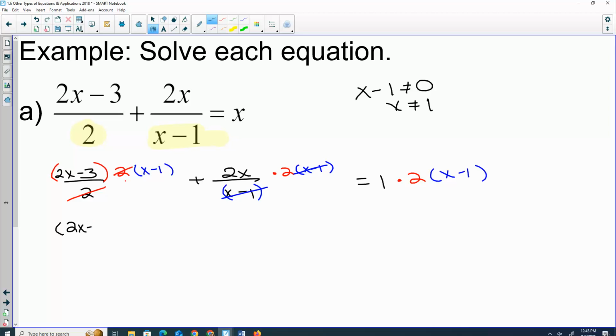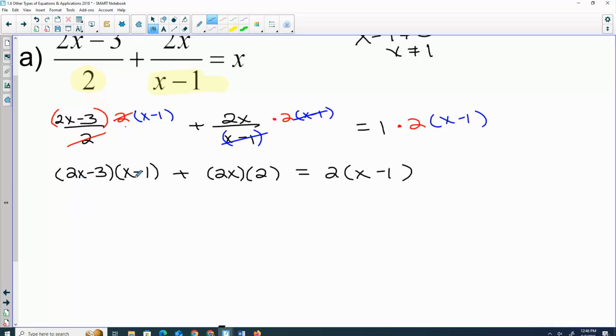For the sake of being clear in my notes, I'm going to write out exactly what I have left. So in the first one, I have 2x minus 3 times x minus 1. Second term, we have 2x times 2. And over here, 2 times x minus 1. Is this an equation we could all solve? I think so. We just start multiplying things out.